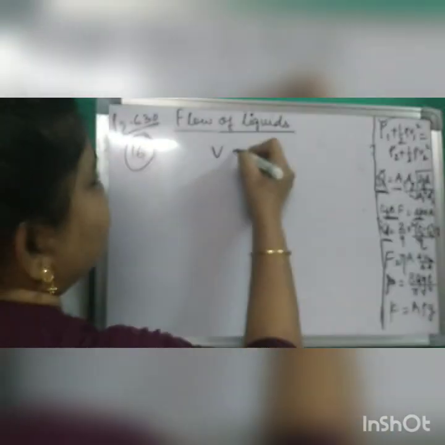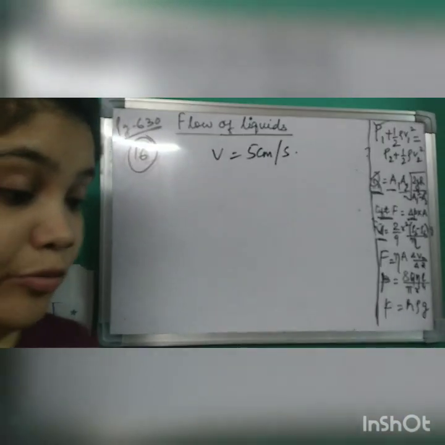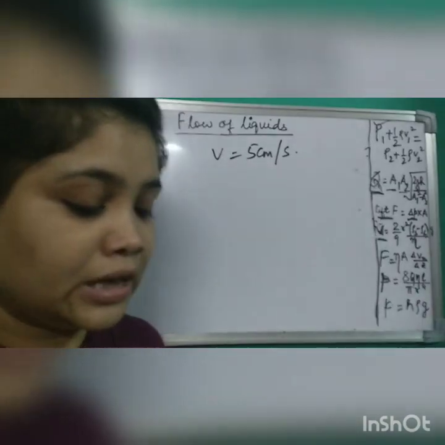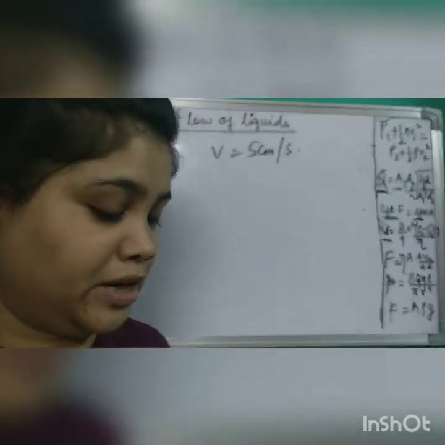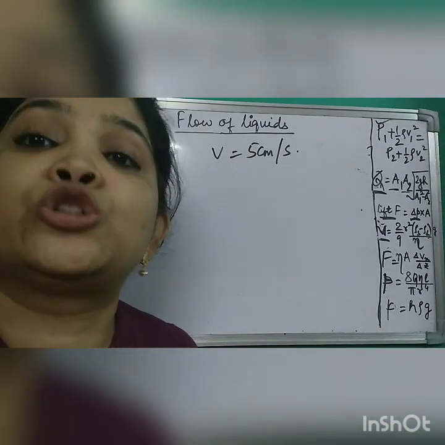It's given: 2 drops of equal radii are falling through air with a terminal velocity of 5 centimeter per second. So V is given as 5 centimeter per second. Now look at the question. If they coalesce, means join into one drop, means 2 small drops are joining into one big drop, what will be the terminal velocity of the new drop?